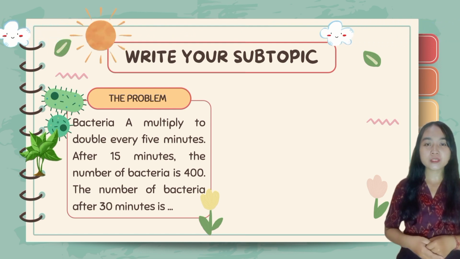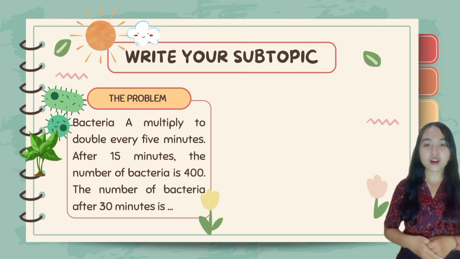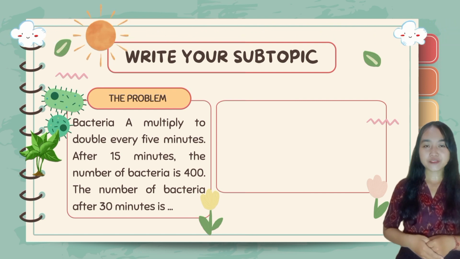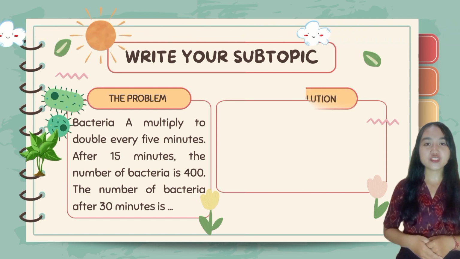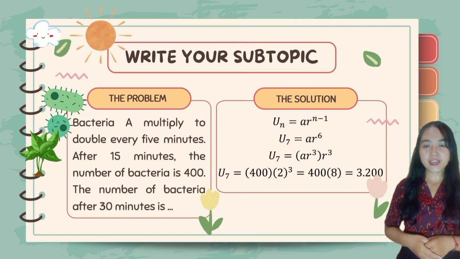From here, we know that the first term is a times r to the power of 1 equals 400, and the ratio is 2. We will find the seventh term. By using the formula, we will get the answer.